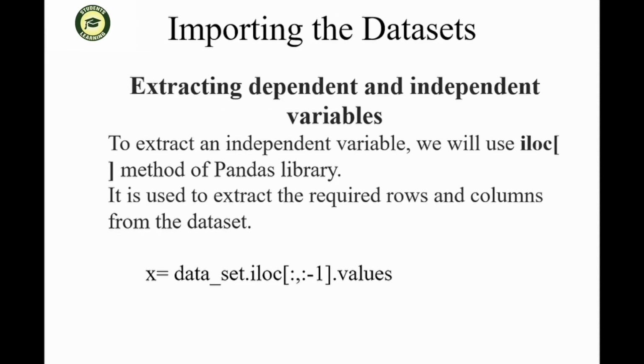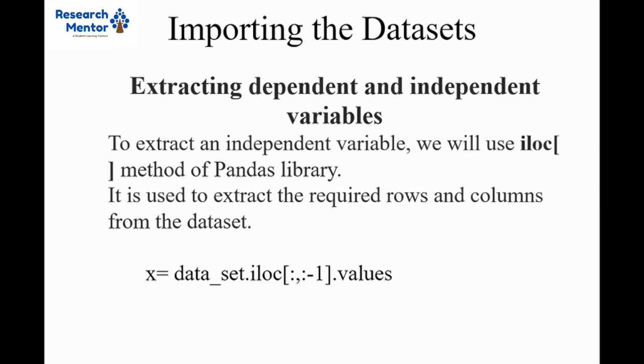The next important aspect of importing the dataset is extracting dependent and independent variables. To extract the independent variables, we need to use iloc, that means i-location. It's part of the pandas library, a function of pandas, basically used to extract the required rows and columns from the dataset.